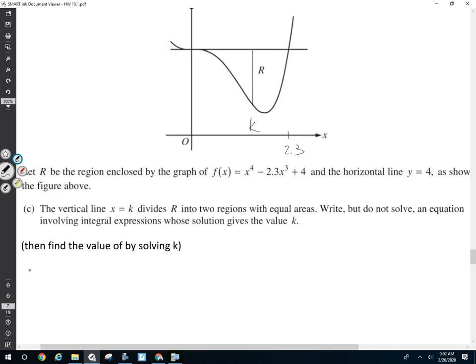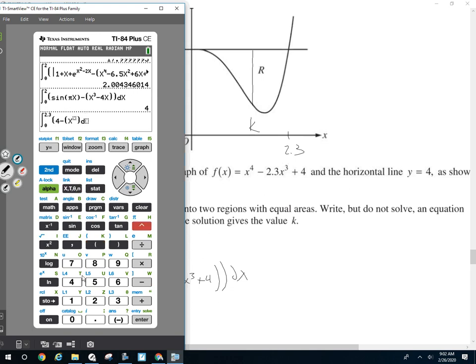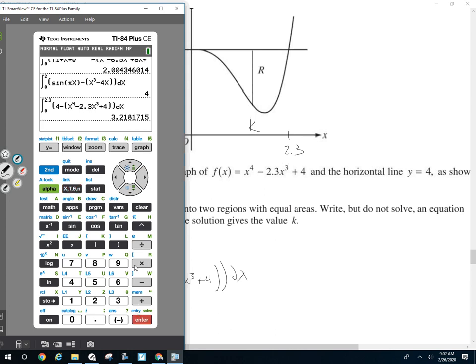Let's find the area, 0 to 2.3 of top minus the bottom. Get that area.